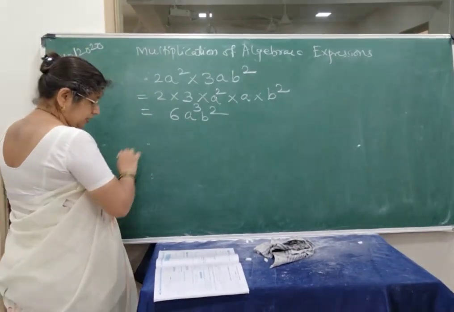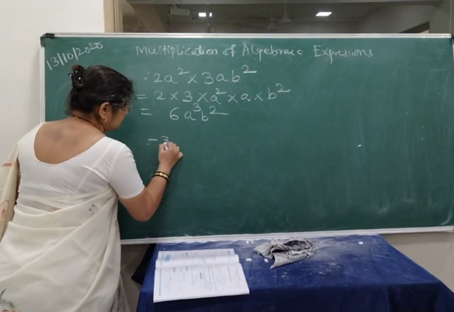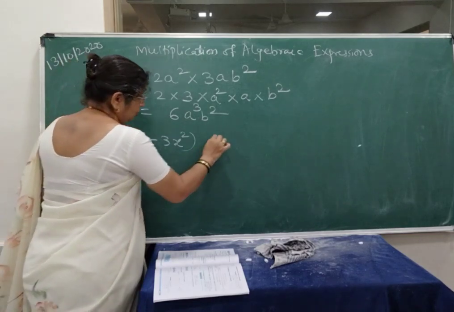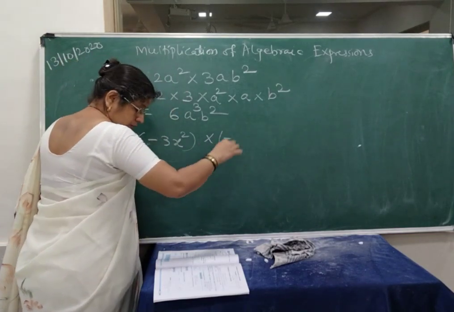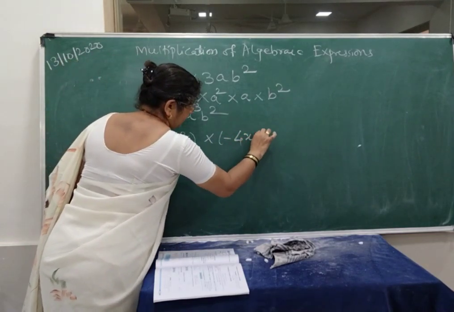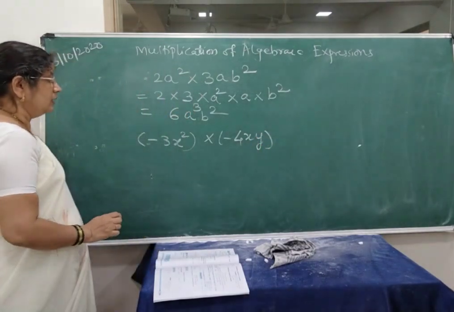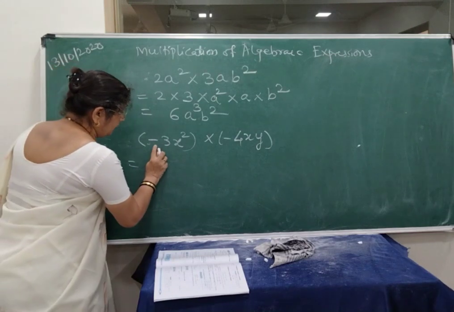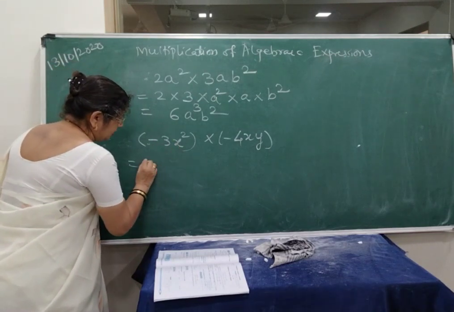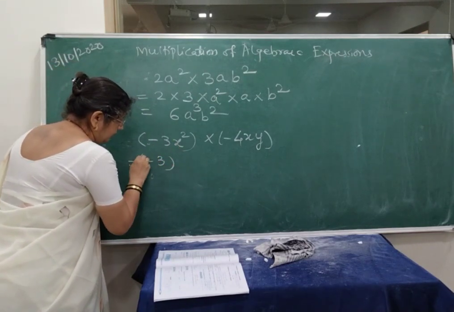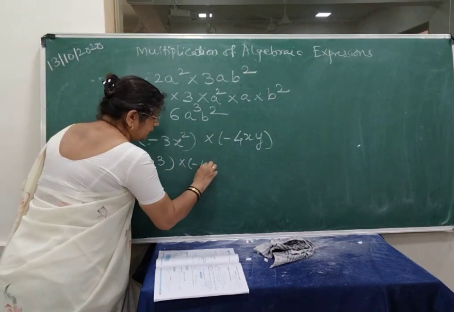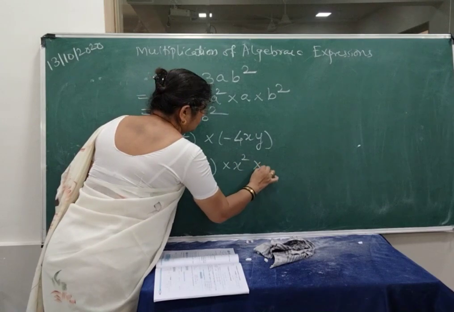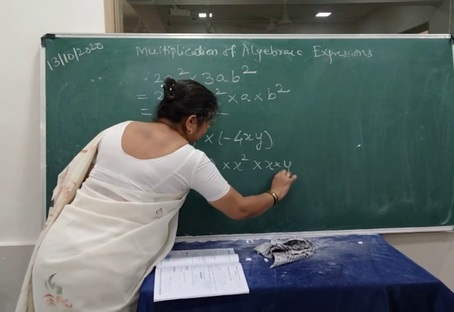One more example we will see: minus 3x square into minus 4xy. Again we will take the coefficients, minus 3 into minus 4. Then into x square into x into y.